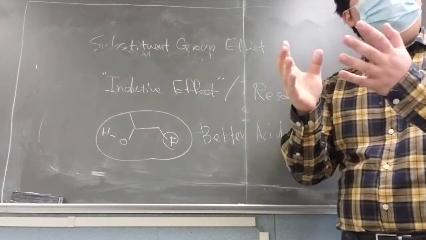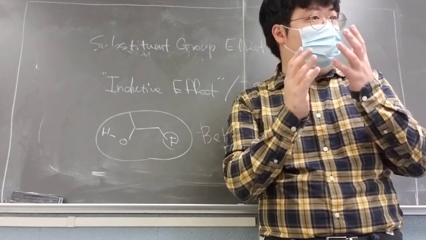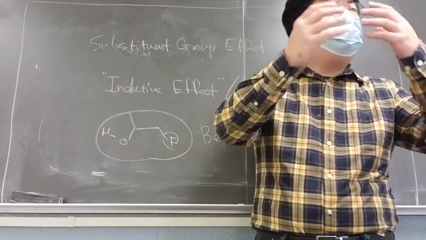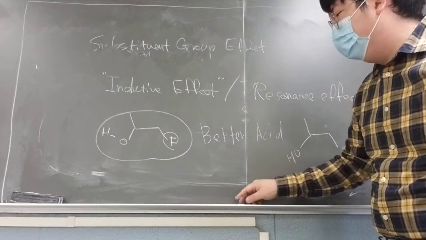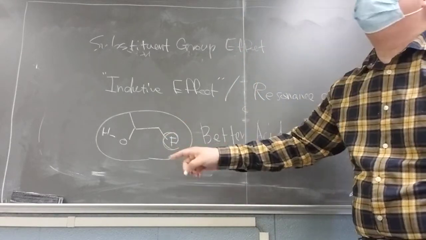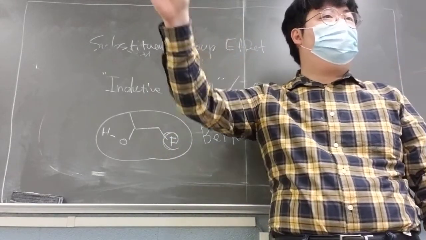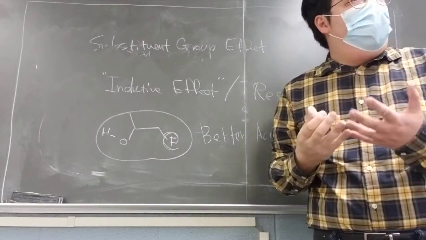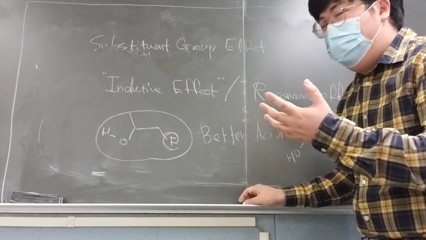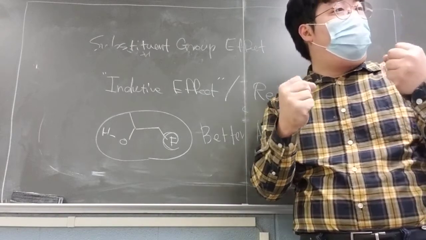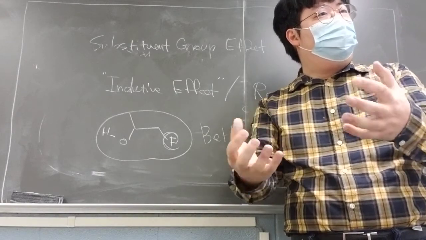So induction simply means because of the electronegativity difference between each different element in the compounds. If you look at the fluorine over here, which is located in the right top corner of the periodic table, it's very highly electronegative. So when it becomes really highly electronegative, they have a strong power to pull the electron toward themselves.